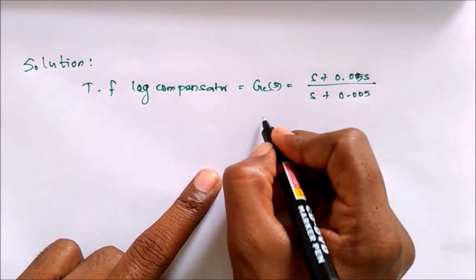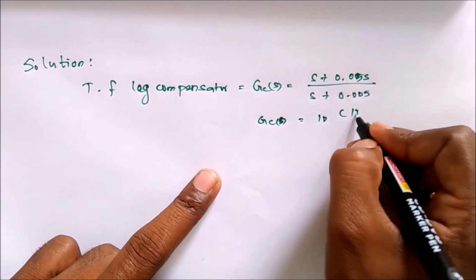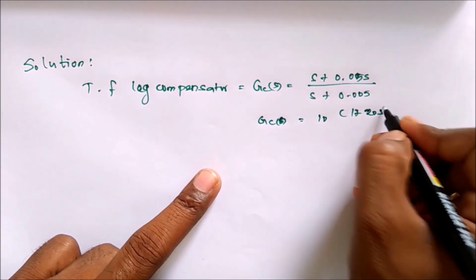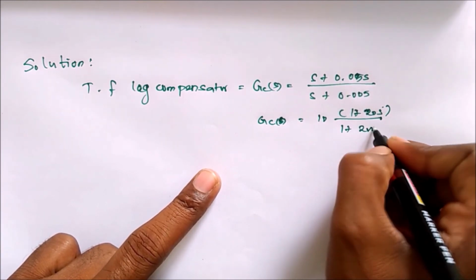It is the simplified form. Otherwise, we can write the same as 10 into 1 plus 20s divided by 1 plus 200s.